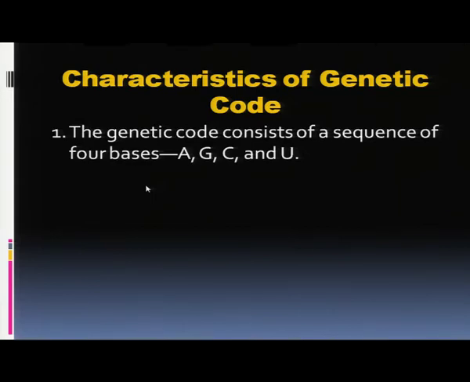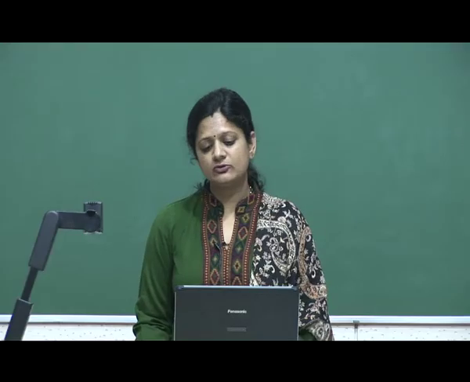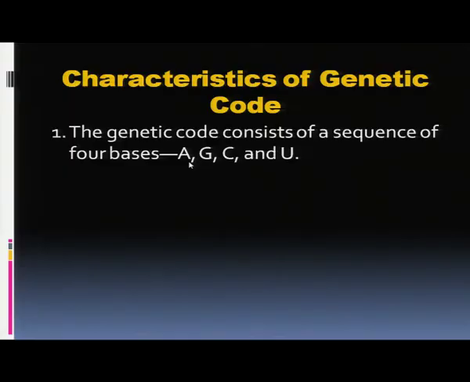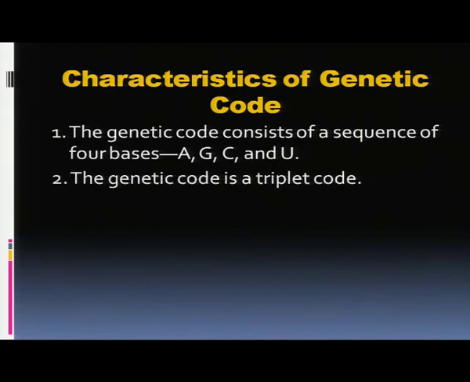We have already seen it, there are only 4 bases A, C, G, U. Thymine is not there because messenger RNA does not have thymine. The genetic code is a triplet code, that means 3 bases combine together to code for one amino acid.